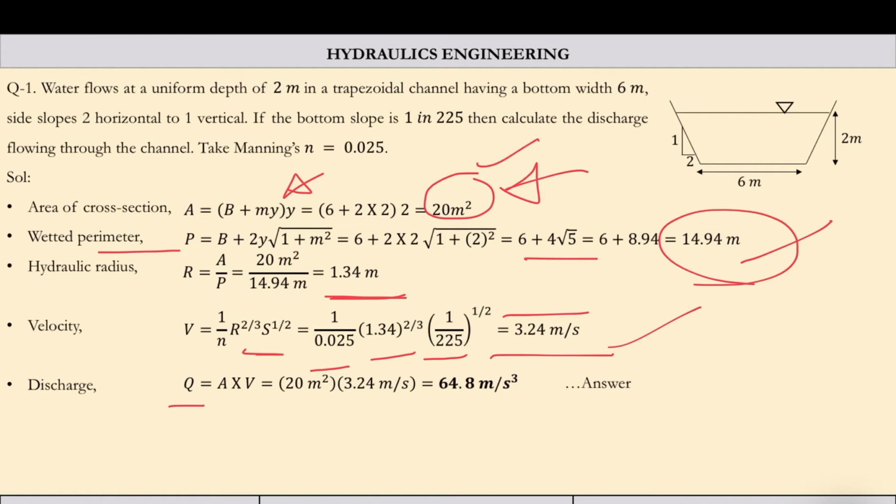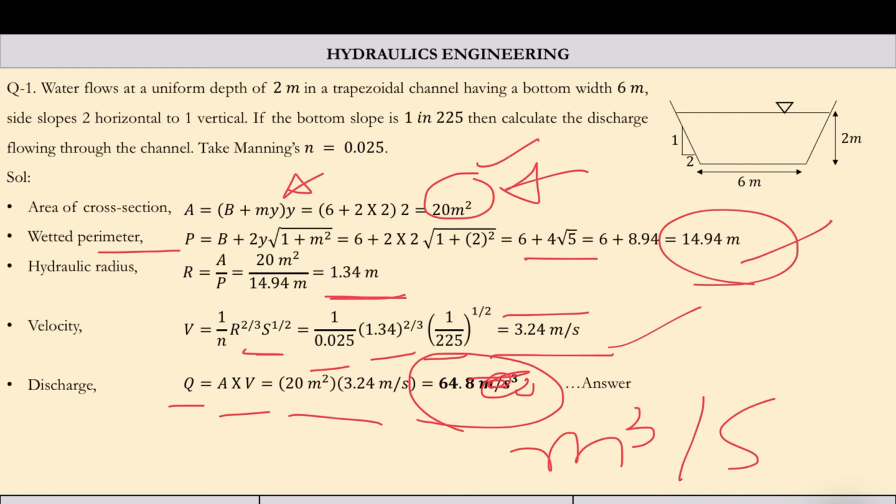So discharge is A into V. After multiplying we will get 64.8 meter cube per second. Cumec or cubic meter per second is meter cube per second, cusec is feet cube per second. So 64.8 meter cube per second is the answer, the required discharge through this trapezoidal channel.